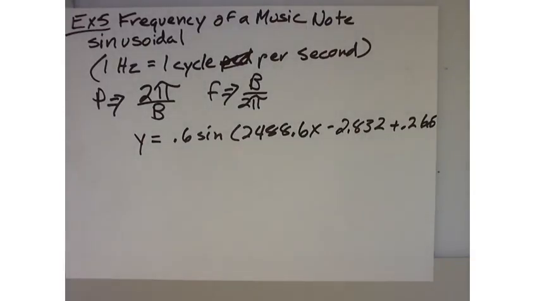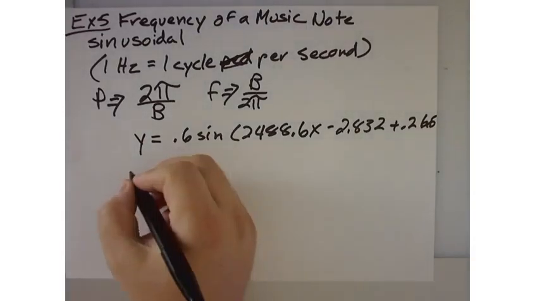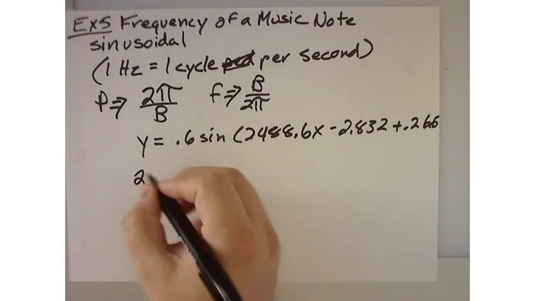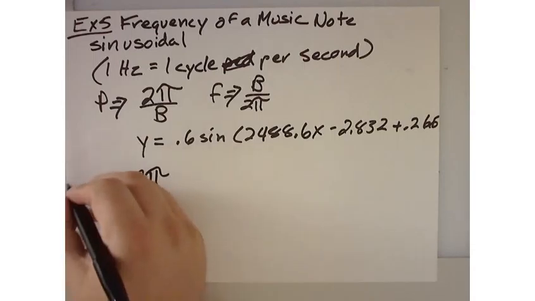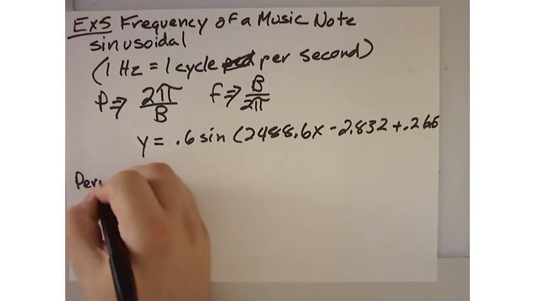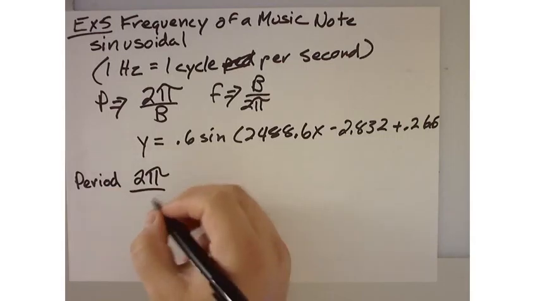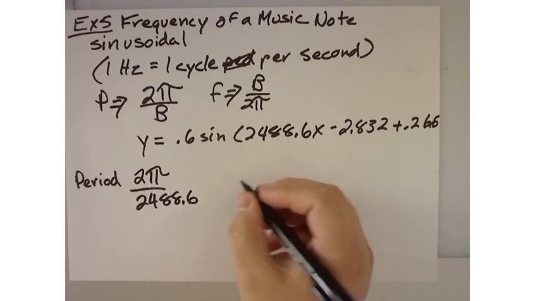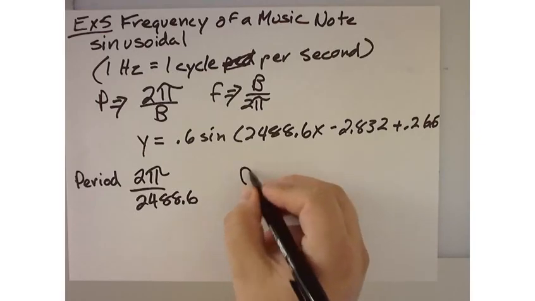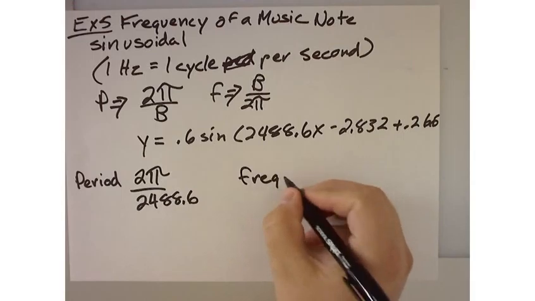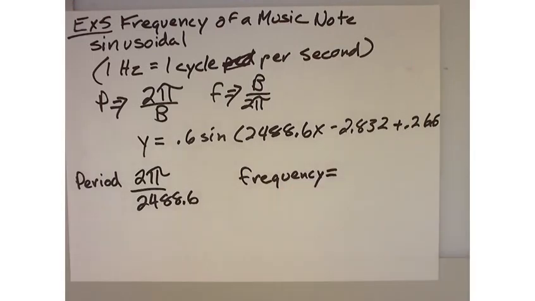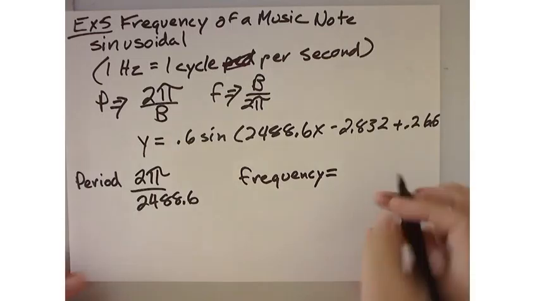So now part B tells you that the period, if we were to solve this mathematically, would be 2 pi over 2488.6. And really what they want us to do is estimate the frequency. Well, how would we do that? The frequency is just the reciprocal.